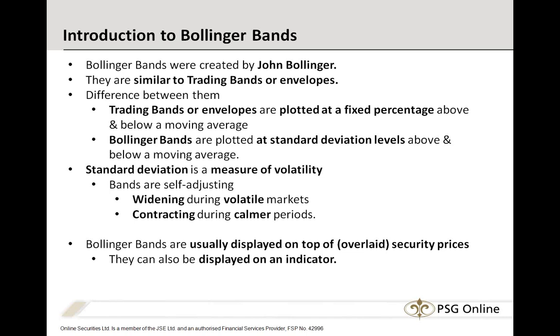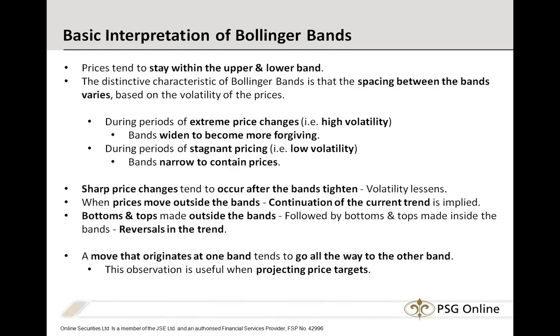So Bollinger Bands are usually displayed as overlaid over a security, be it a bar chart or a line chart. But I also use them on indicators. I use them on RSI a lot. Okay, so you're looking for those extreme movements. But John Bollinger basically said that prices tend to stay within the upper and lower band.